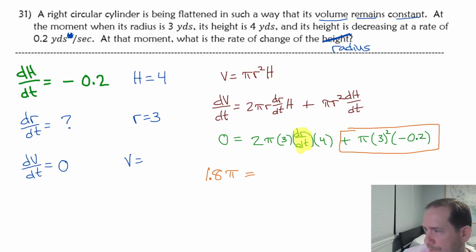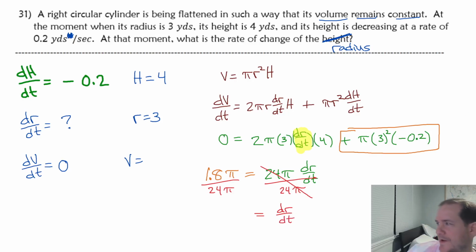That was a 4. So what is this? 6 times 4 is 24. So this is 24 pi times dr dt. Which means to solve, we just divide by 24 pi. And everything cancels over there on the right, leaving us with dr dt.